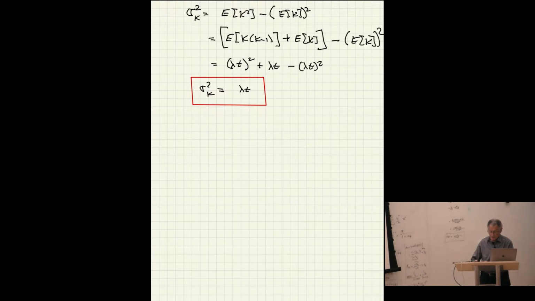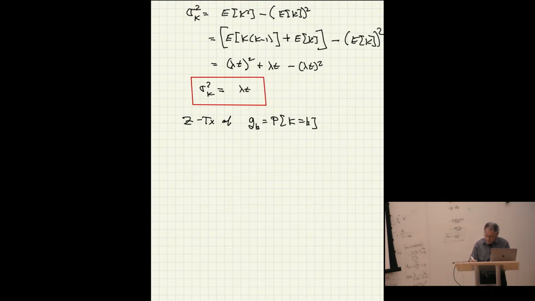Let's go a little further. This is an important process. I want to study it a little bit more now. Let's take the Z transform of the probability associated with k, which I'm going to call G sub k. What is that? That's the probability the random variable k equals k.